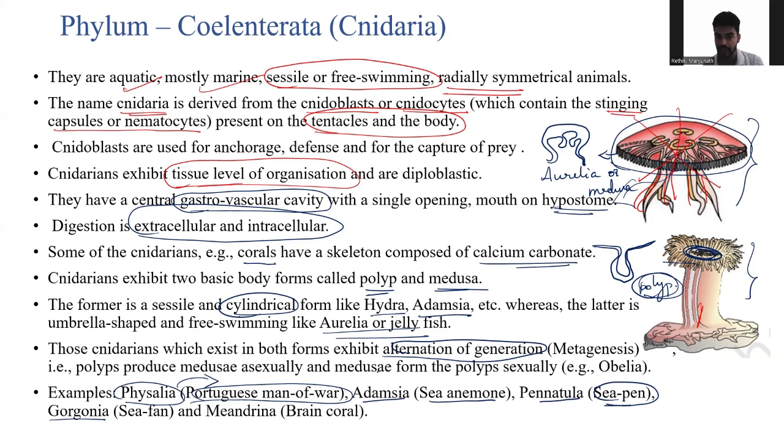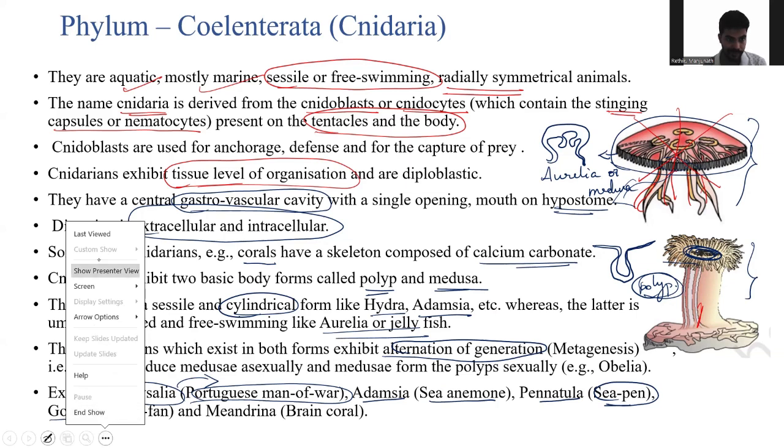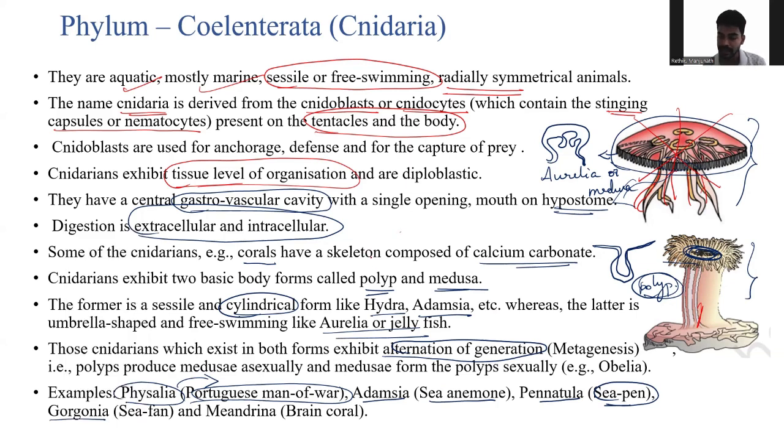See, alternation of generation means, if this is polyp and you have the medusa, the polyp has to develop into medusa. It normally undergoes this asexually. From medusa to polyp, it should go sexually. So this is called alternation of generation.